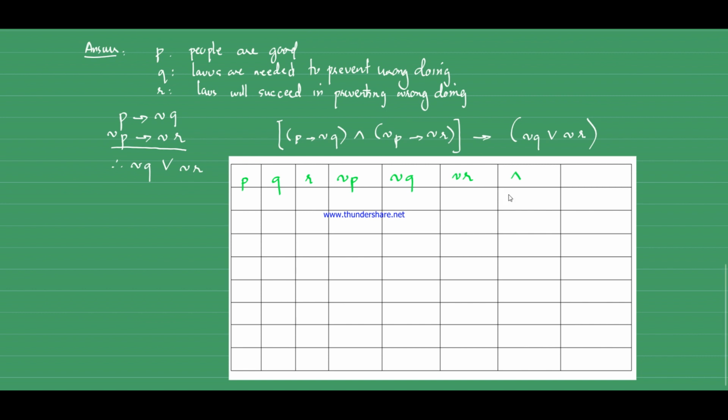So we have conjunction inside the bracket, then conjunction inside a parenthesis, which is right over here. Conjunction inside the bracket, which is the whole part right here. Oh, not conjunction, this is disjunction, inside a parenthesis, and at the end we will have a conditional statement.